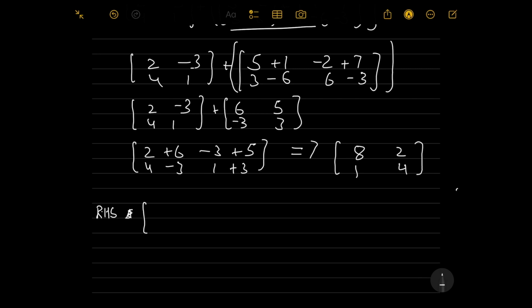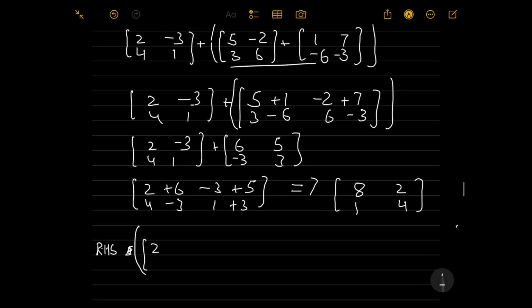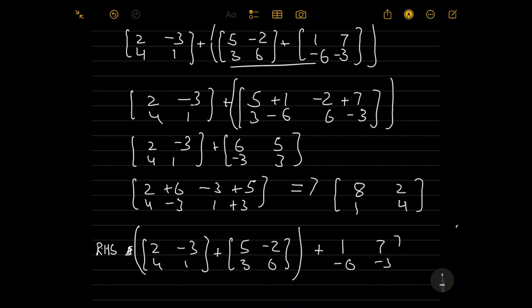A is 2 minus 3 4 1, plus b, then plus c. So c is outside: 1 7 minus 6 minus 3.